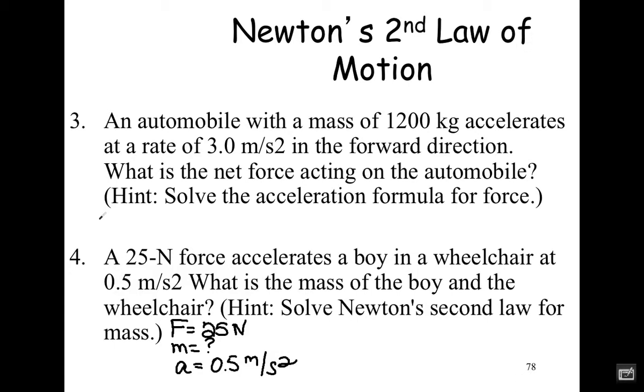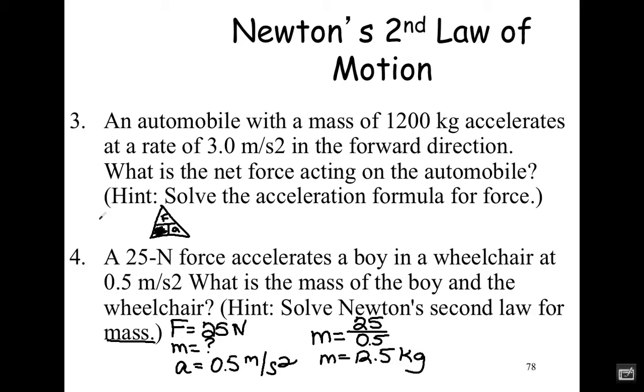Okay, so this time we're solving for mass. So if we think of our triangle again, we have F, M, A. So now I'm going to take my force and divide it by the acceleration. So mass equals 25 divided by 0.5. So my mass is going to be 12.5. The unit would be kilograms.